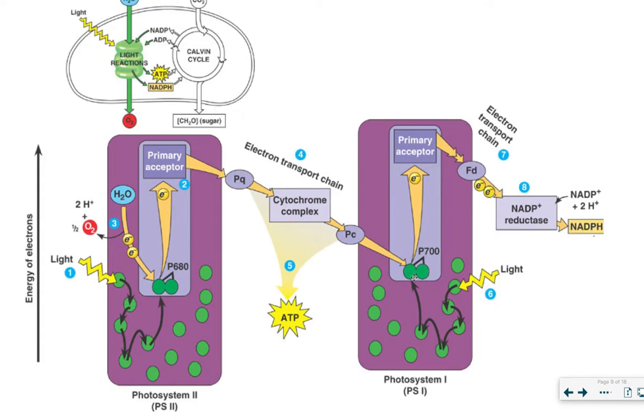Because a void was created by the donation of these electrons, that is filled by the electrons coming down the electron transport chain. So as I said before, this electron transport chain is very significant because it will lead to the production of ATP, which we can see a little bit easier on the next slide.